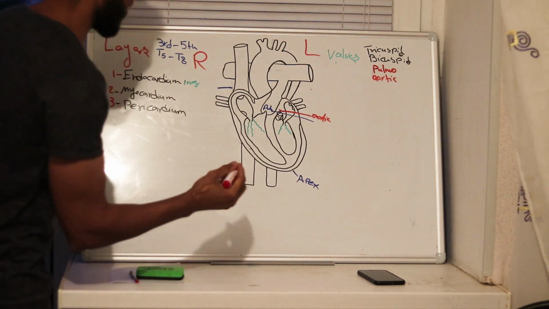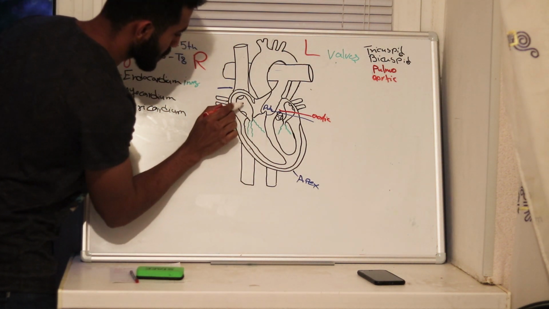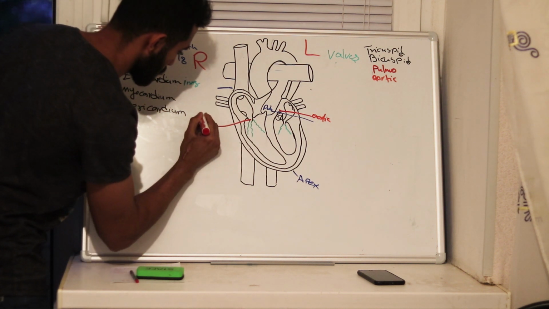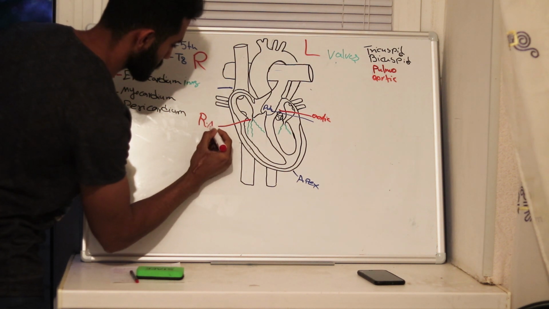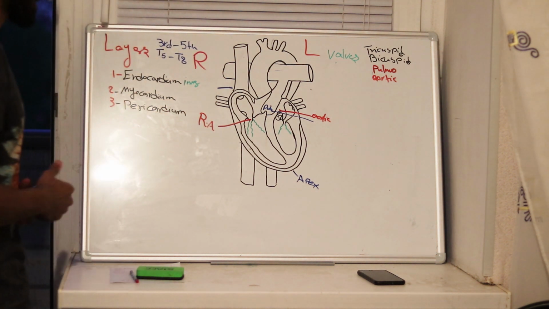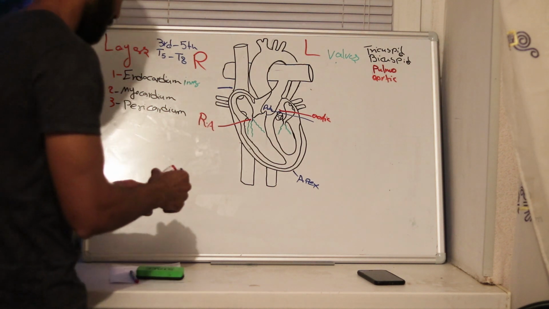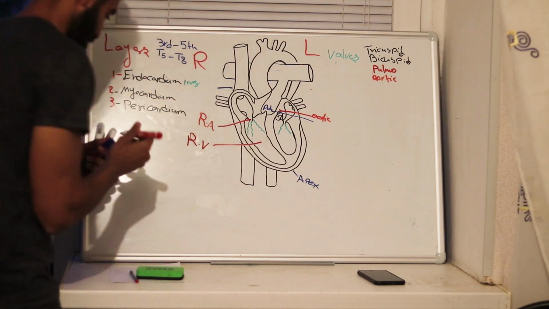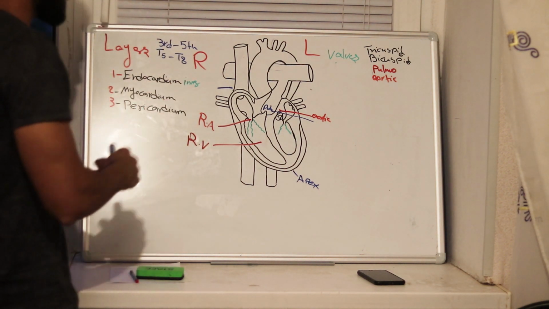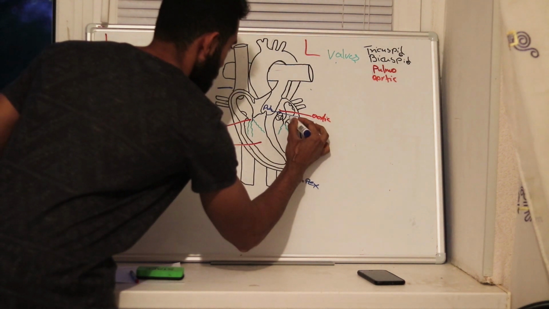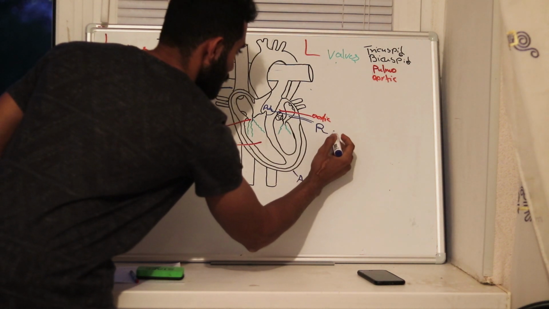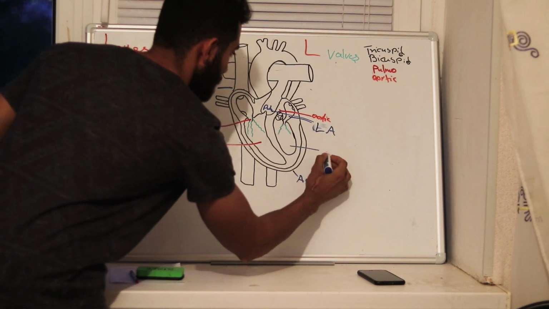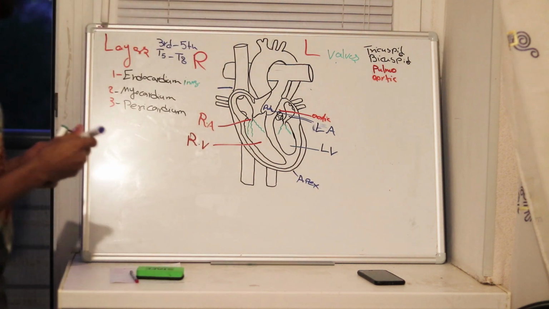The tricuspid is exactly between the right atrium and the right ventricle, exactly here. In short, here is the right atrium, and here the right ventricle. The same thing on the left side: here the left atrium, and here the left ventricle.